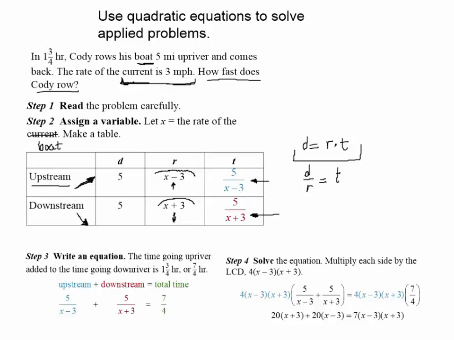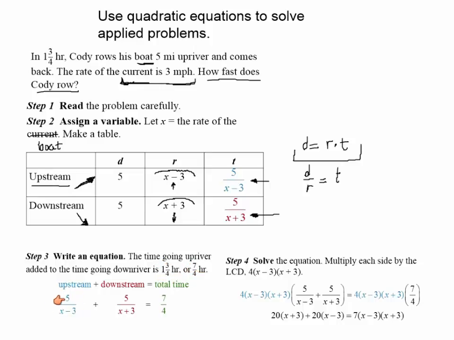Now we need to write the equation. The time going upstream added to the time going downstream is given to us as 1 hour and 3/4. 1 3/4 hours, I can write as 7 over 4. 1 times 4 plus 3 would be 7 over 4 hours.